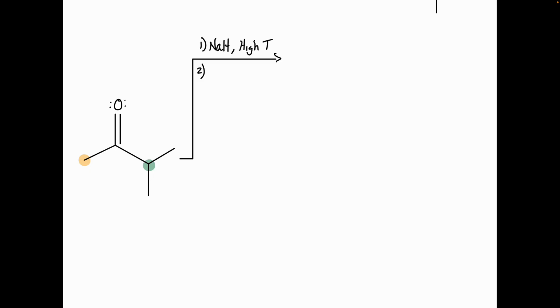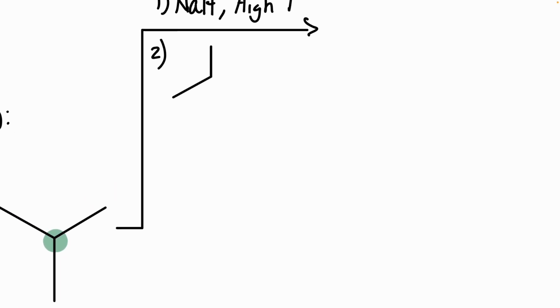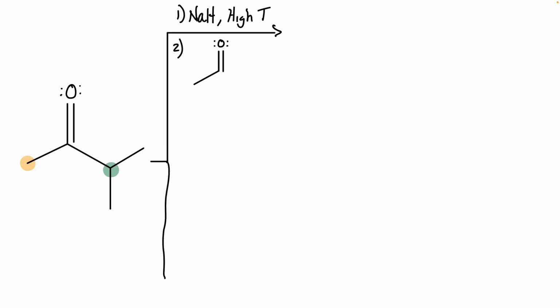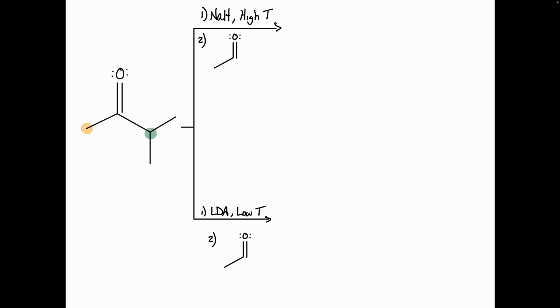Then we're going to follow it up with a different aldehyde or ketone so I can get this mixed aldol product. In this case, we will use just a simple aldehyde here. And then I'm going to do the same thing, but instead create that enolate ion with LDA at low temperatures. And then I'll just follow it up with that same aldehyde.